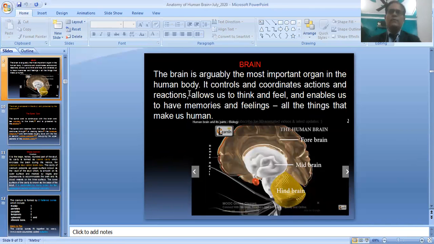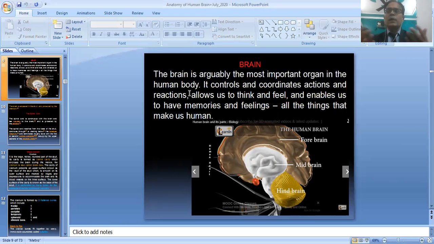Got it? So what exactly is the brain? The brain is arguably the most important organ in the human body, right? It controls and coordinates actions and reactions. It allows us to think and feel and enables us to have memories and feelings, all the things that make us human, right?